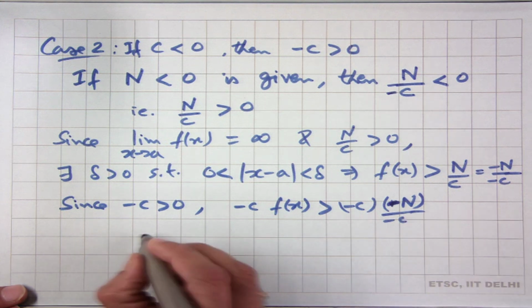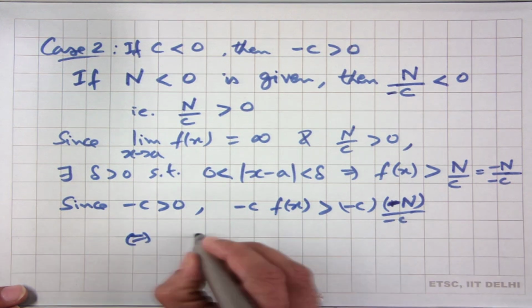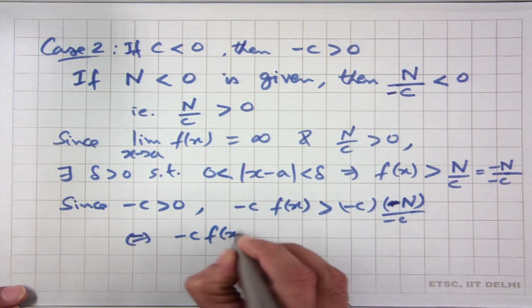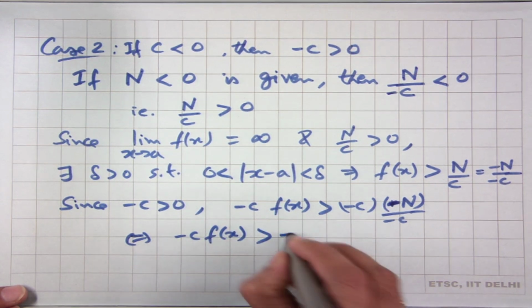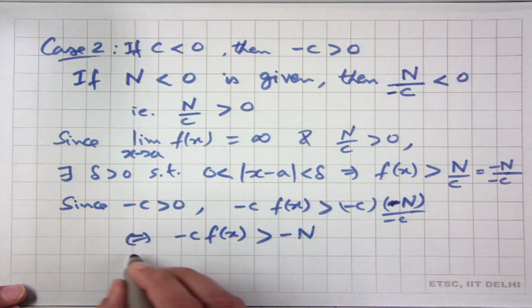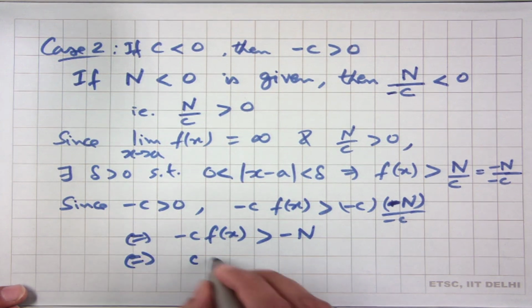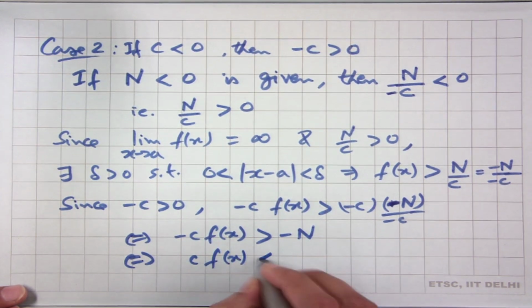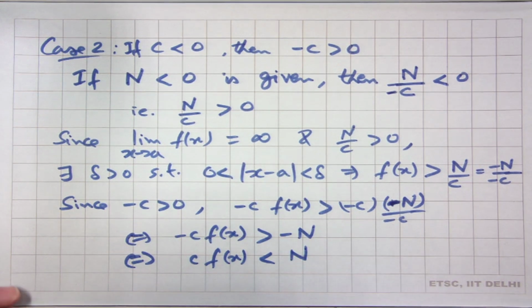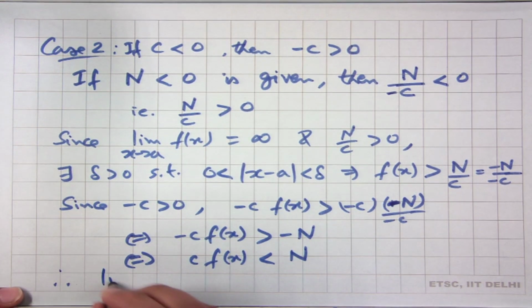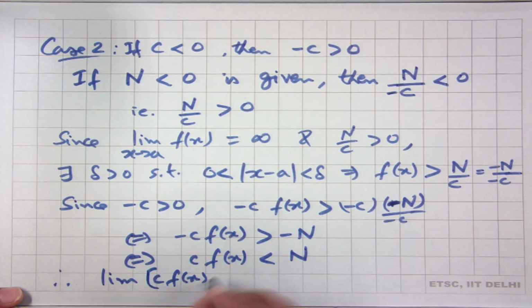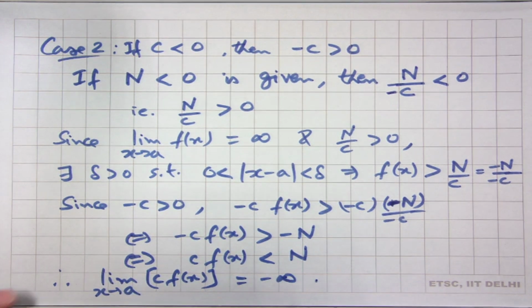That is, minus c f x is greater than minus n, which is equivalent to writing c times f x is less than n. So, therefore, by the definition, limit of c times f x is equal to minus infinity.